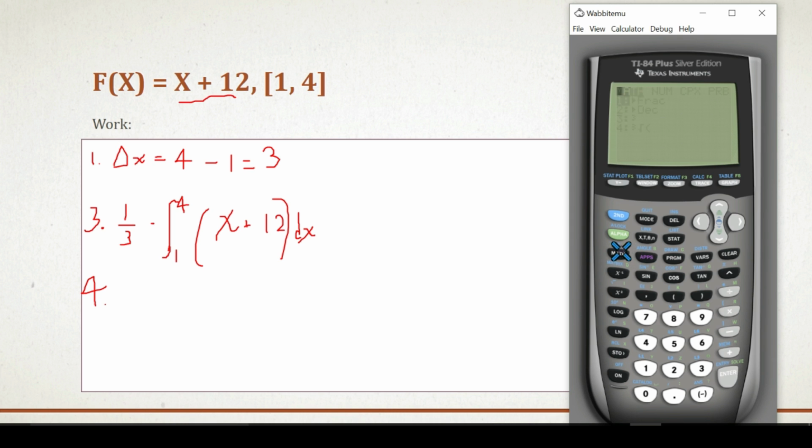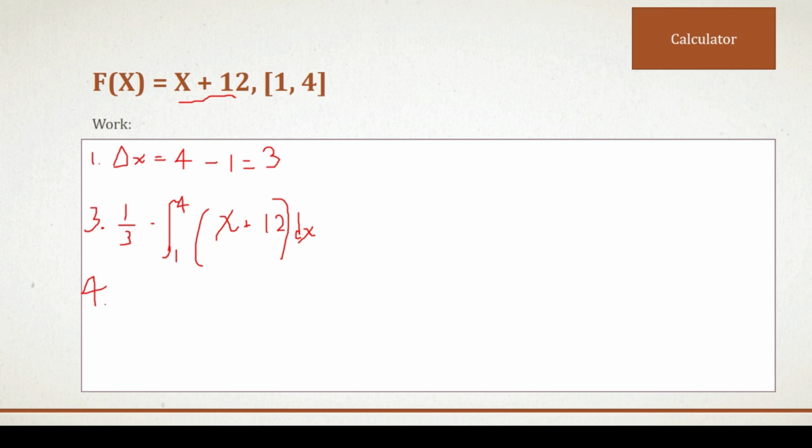So just click Math, and then on the TI-84, you click 9 to get the function integral, and then you just plug it in. So 1 to 4 of x plus 12 with respect to x. That gives us 43.5 as our area, and we divide that by our width, which is 3, to give us that the height is 14.5.